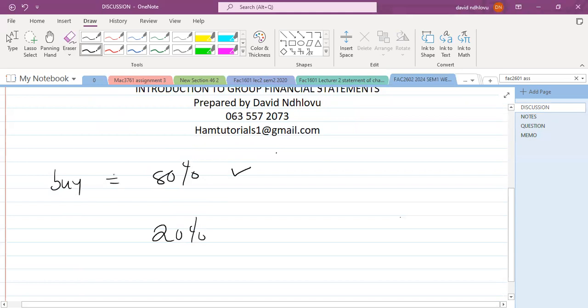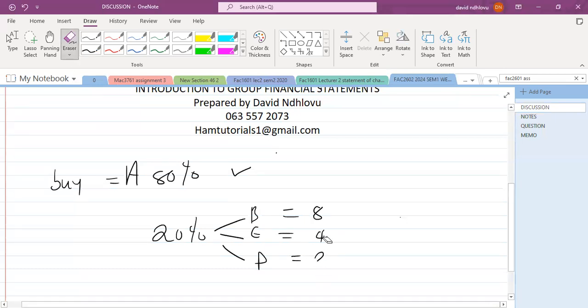So if I'm company A and I hold 80%, the other shares maybe are held by various investors. Maybe there's company B, company E, and company D. Maybe this one has got 8, maybe this one has got 4, and this one has got 10%.